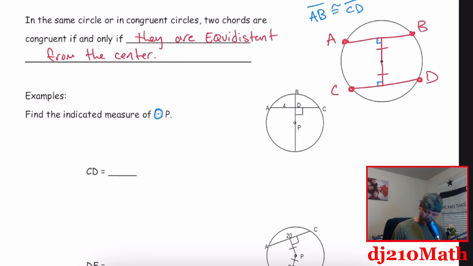They're referring to the segment. Okay. So the diameter, the line going through the center, is perpendicular to the chord AC. So that means DC is also 4 because AD is 4. 4 units, whatever that may be.